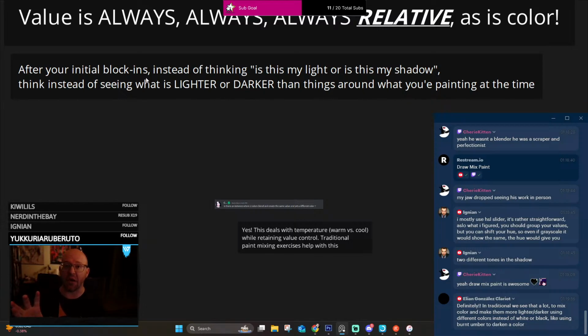Not unless there's a very good reason, because you just destroy your value scale. You just destroy it. But you can make that shadow a little lighter. Not quite as light as your midtones, but you can bring it up a notch. Sure. That shows that light is being cast onto these things. But it's not going to match your 50% or your 40% or whatever. You're still going to be pretty dark.